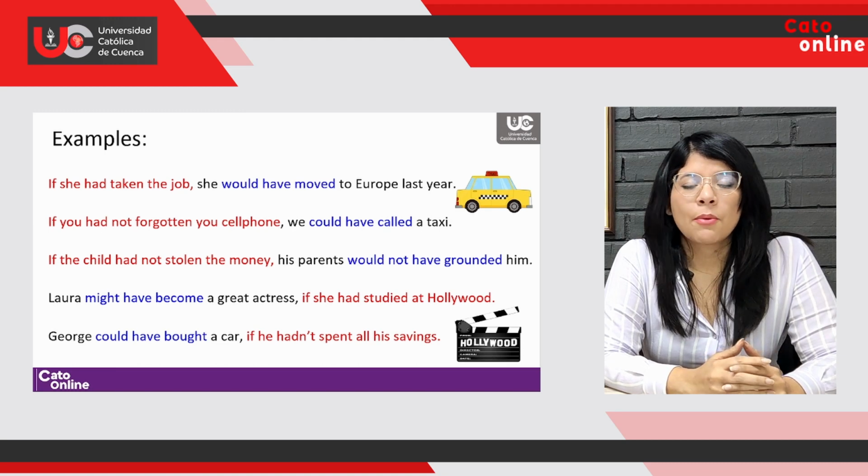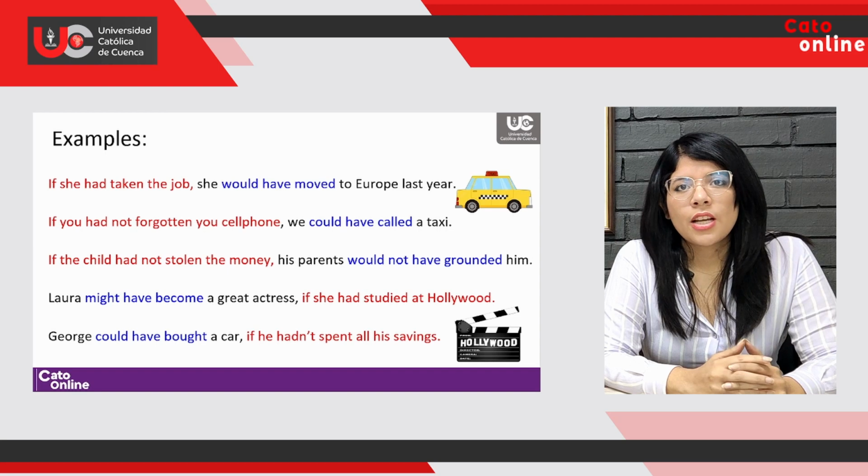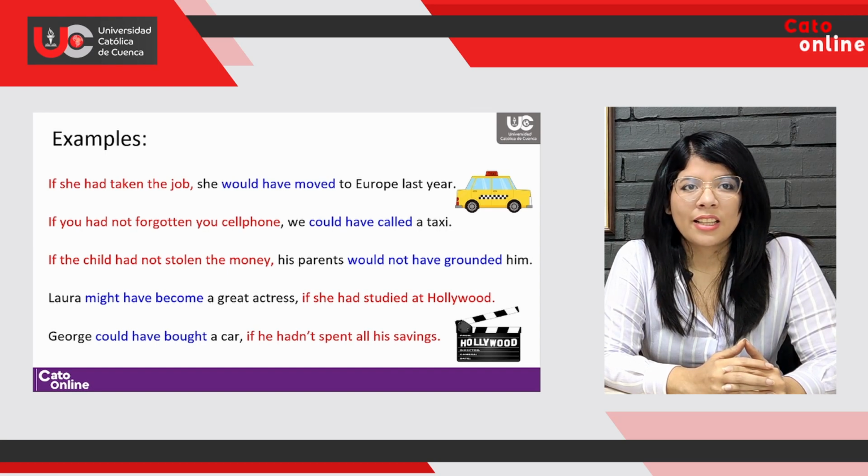And then we have the hypothetical situation, if she had studied at Hollywood. And finally, George could have bought a car if he hadn't spent all his savings. Okay? Here we see how there is a contraction for the negative statement in the if clause.